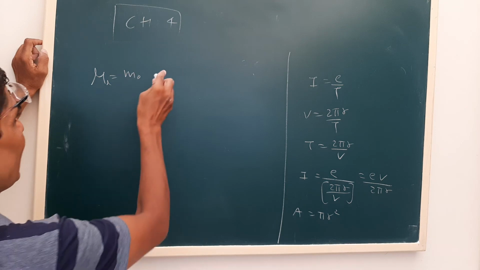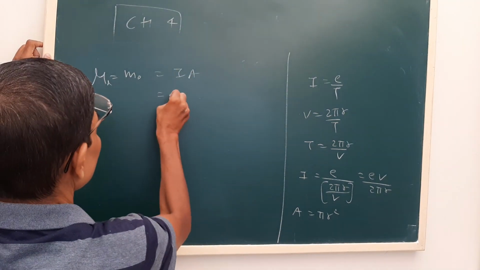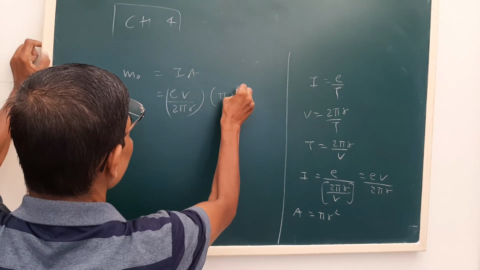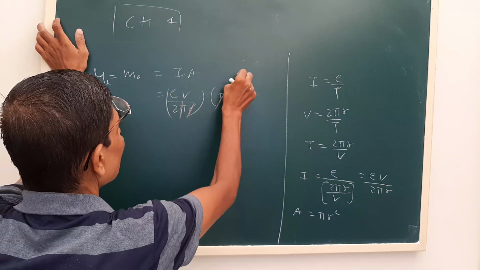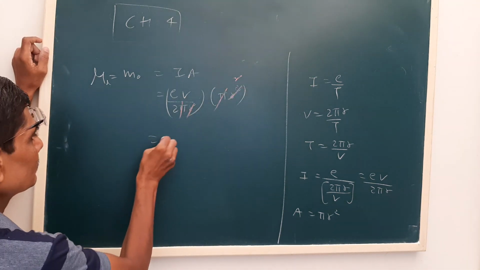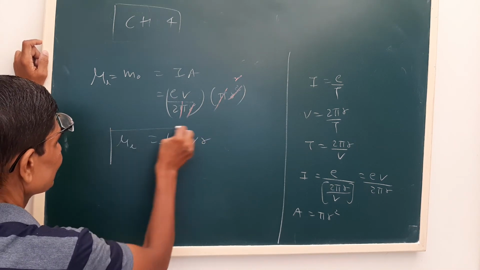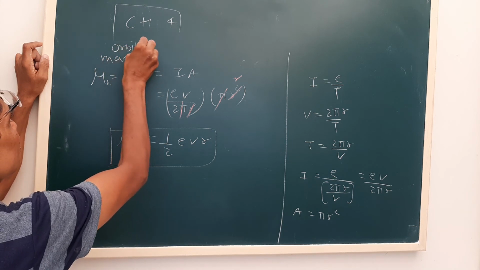Now M_O is I into A. I is ev upon 2πr, and area is πr squared. Now we simplify, and what is left is 1 by 2 evr. So mu is nothing but the orbital magnetic moment.